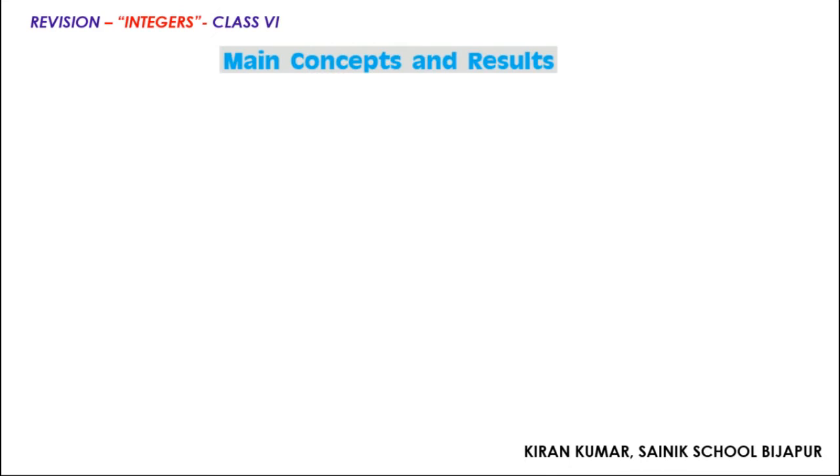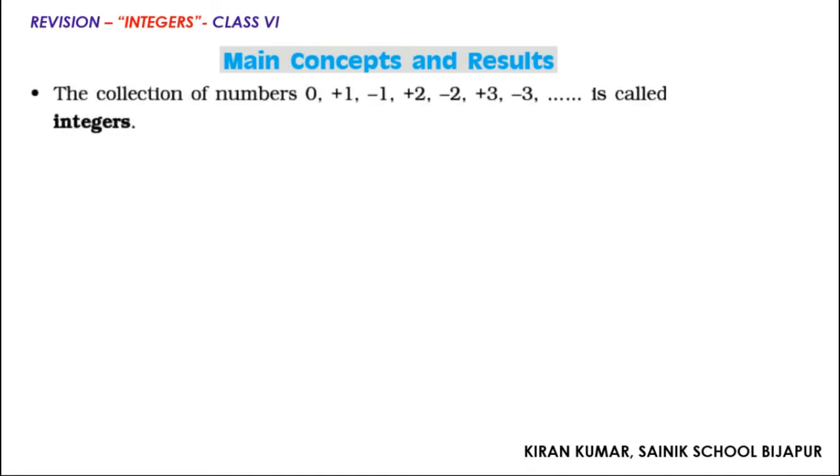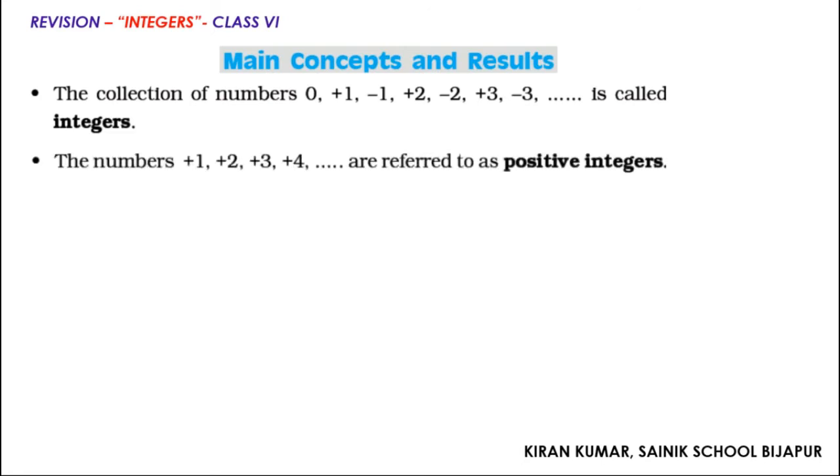Collection of numbers 0, positive 1, negative 1, positive 2, negative 2 and so on is called integers. The numbers positive 1, positive 2, positive 3, positive 4 and so on are referred to as positive integers.